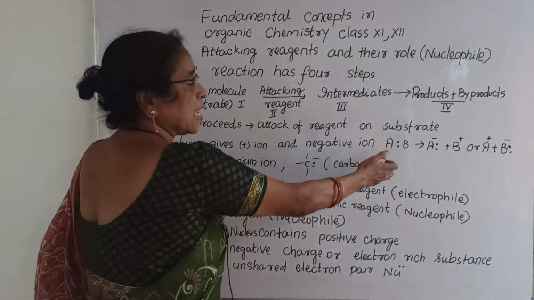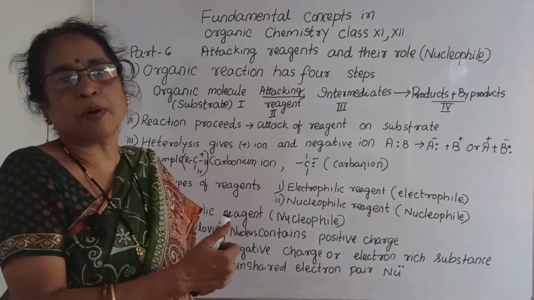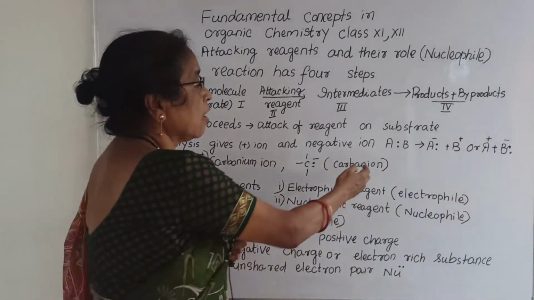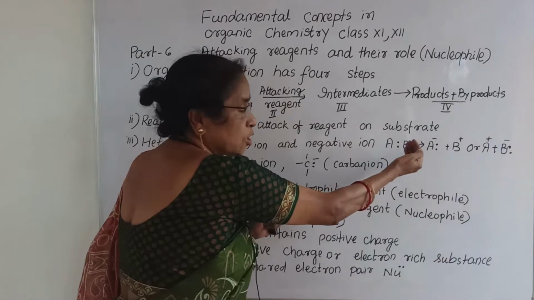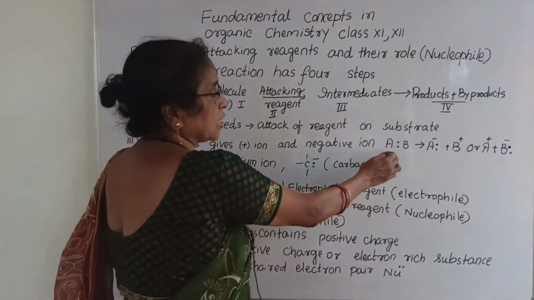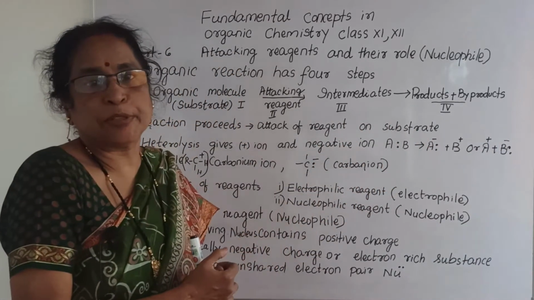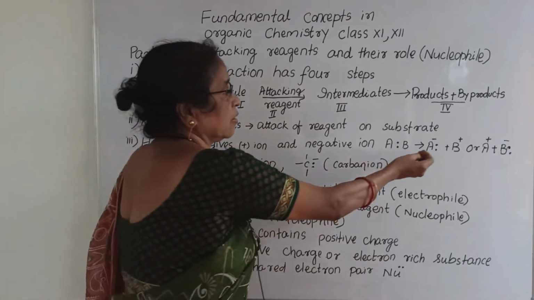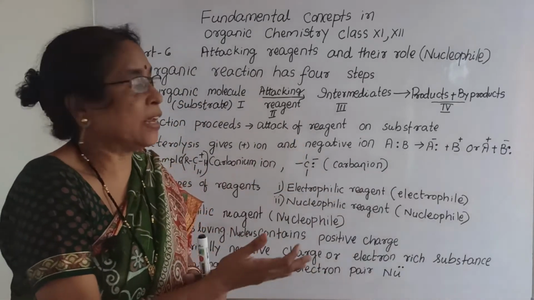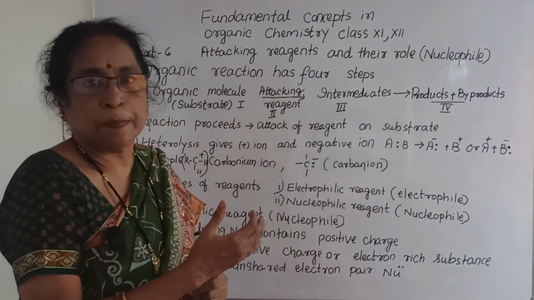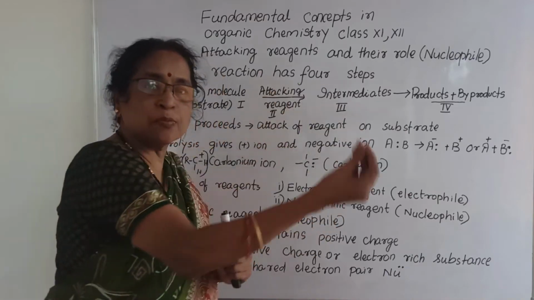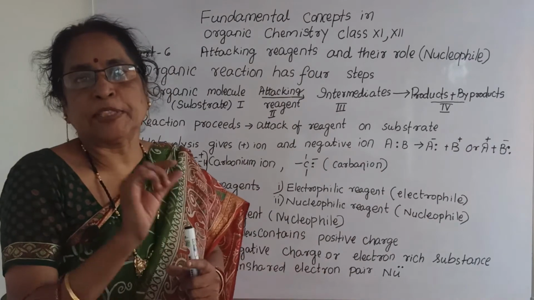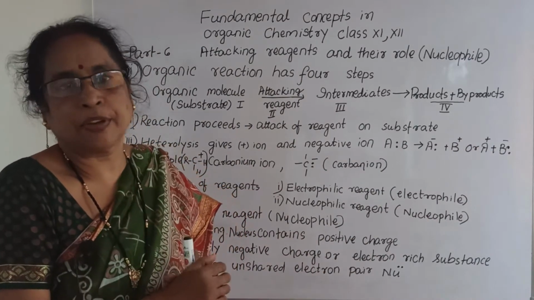Because if there is a sharing of electrons which gives a covalent bond, and A is more electronegative than B, then the pair of electrons shifts towards A and it occupies a negative charge. There is a deficiency of electrons in B, which is why it becomes B plus. Similarly, if B is more electronegative than A, then B occupies the negative charge, having the pair of electrons.